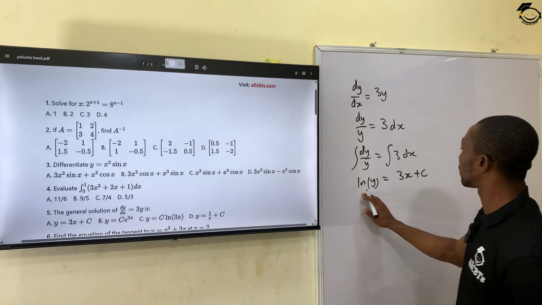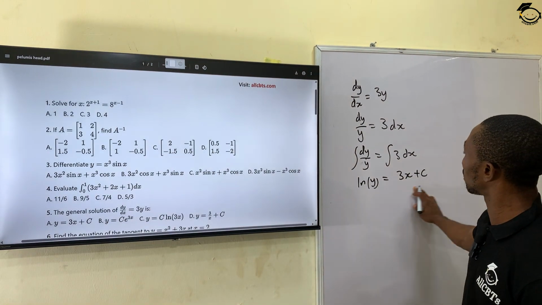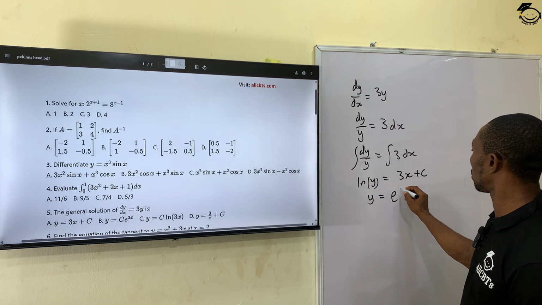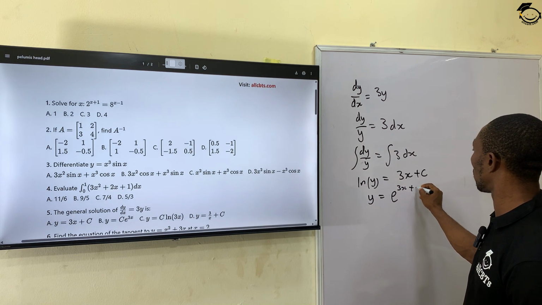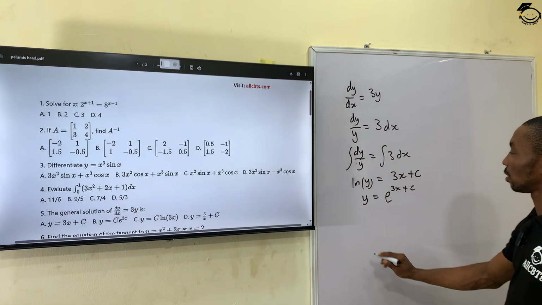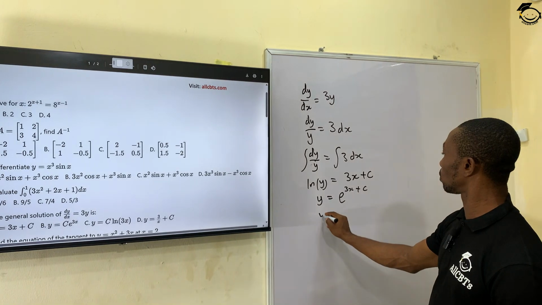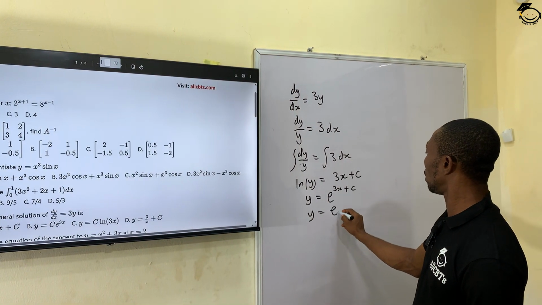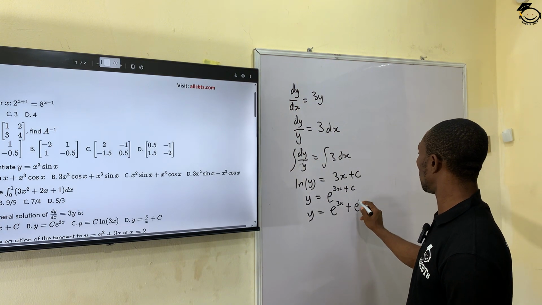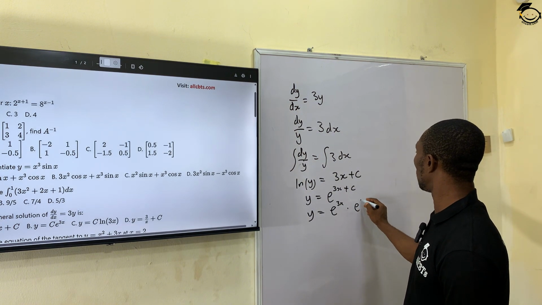So from here, we take the exponents of both sides. This becomes y equals exponential of x raised to the power 3 plus c. Now this exponential can be separated to both sides. This becomes y equals e raised to the power 3x times e raised to the power c.